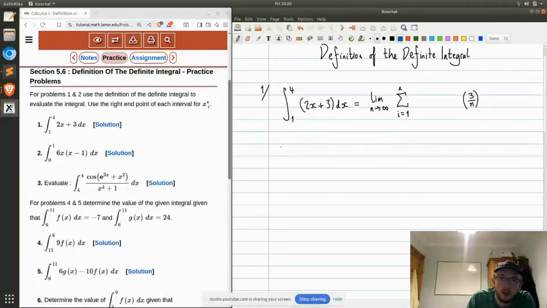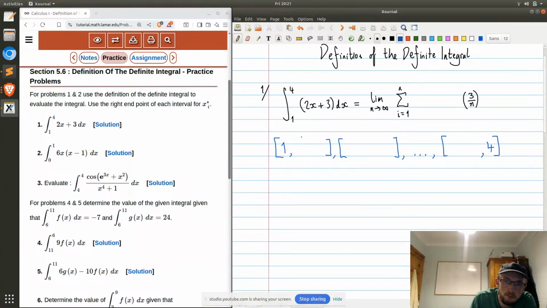But what we want to do is see what the subintervals look like. So the leftmost one must start with 1, and the rightmost one must end with 4. Okay? Now, what does it look like?